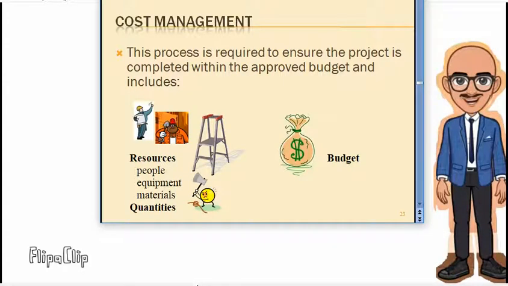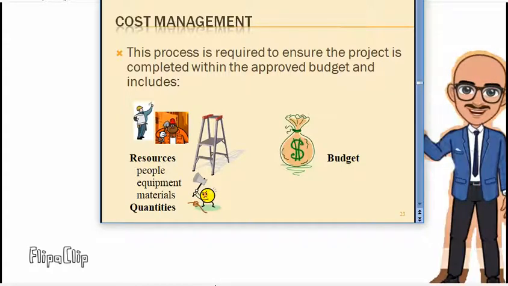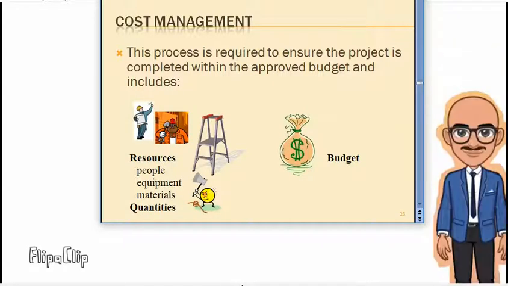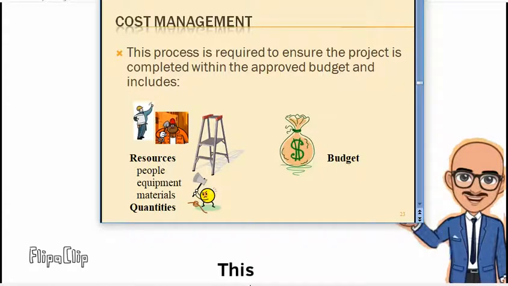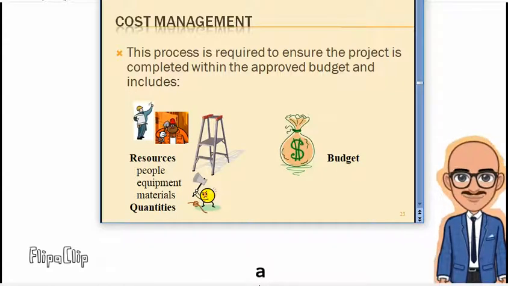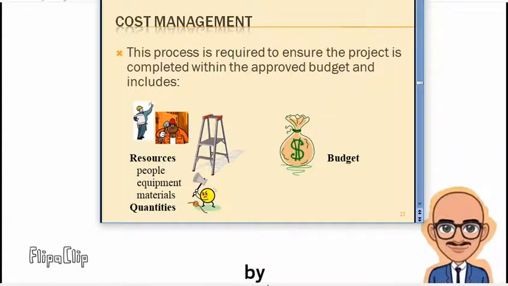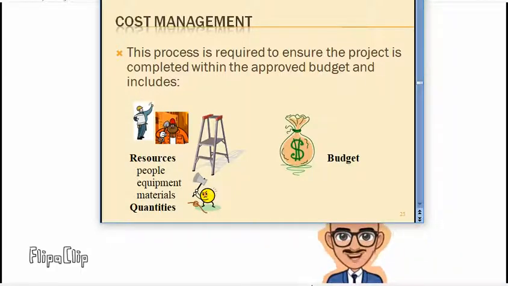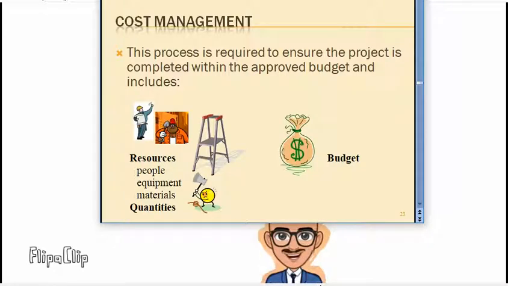So to use specific equipment within the proper time, some cost is estimated for that. And if the equipment is fully utilized within the period of time, then the cost could be maintained. If it is not utilized properly, then the time may be extended, and for that the cost may be extended, and thus the budget could not be maintained.